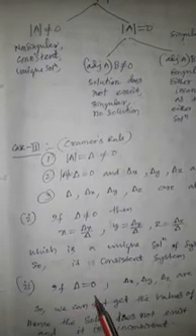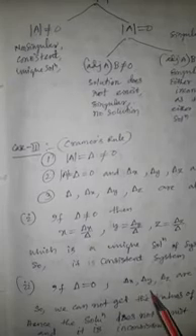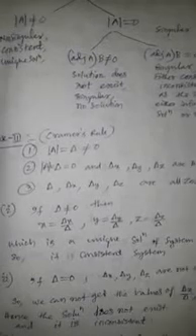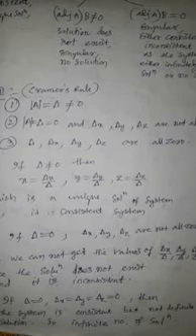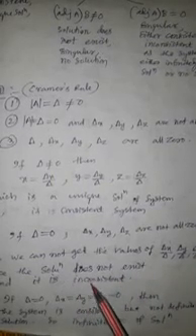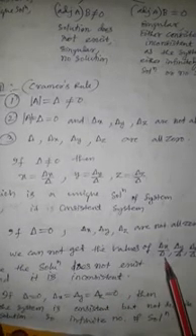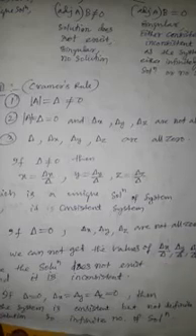If delta is equal to 0 and delta x, delta y, delta z are not all 0, then we cannot get the values of delta x by delta, delta y by delta, delta z by delta. Hence the solution does not exist and it is inconsistent.